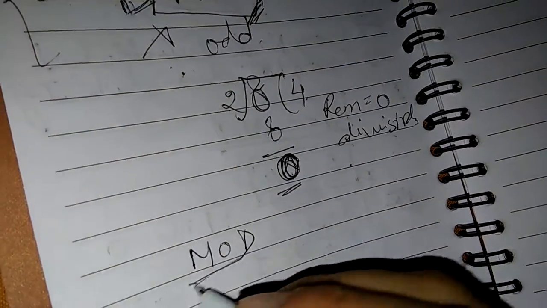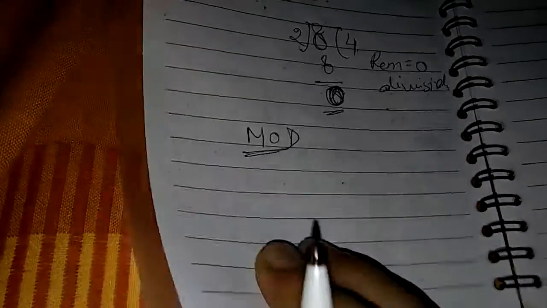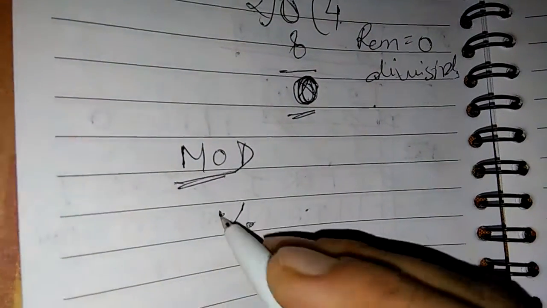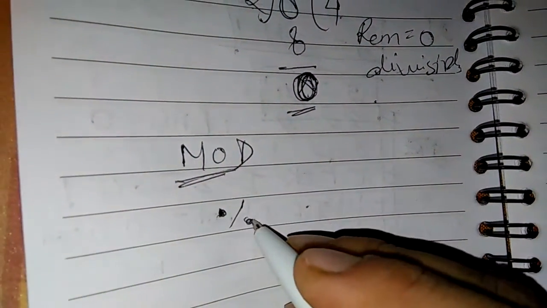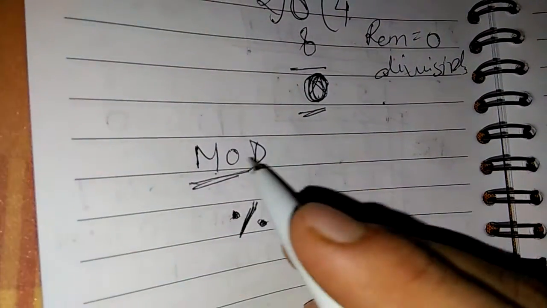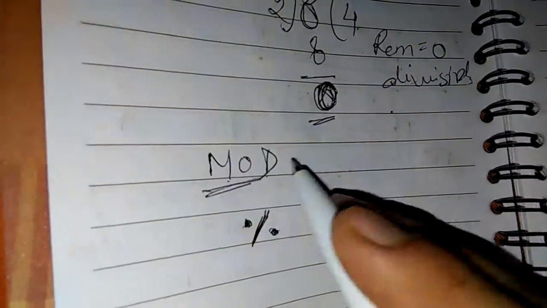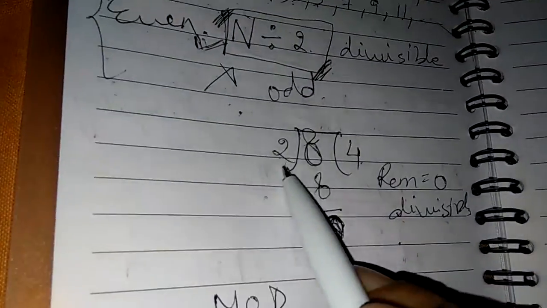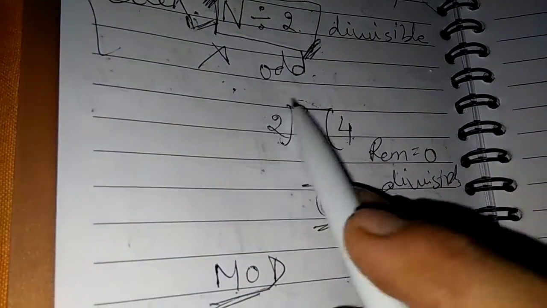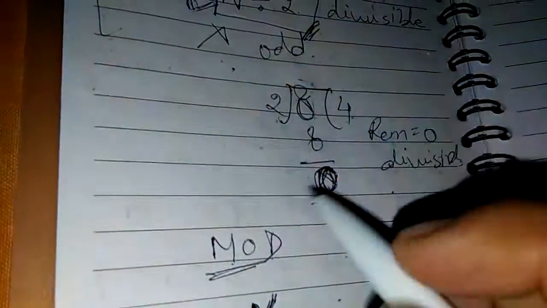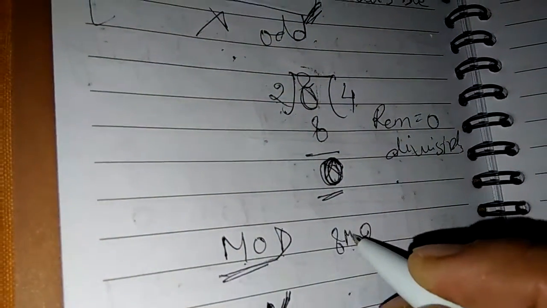We have to check for the remainder, and for that we have the modulus operator, mod. In other languages like C and Java, we use the percentage sign for the modulus. Mod means finding the remainder on division. I will write this division as 8 mod 2.